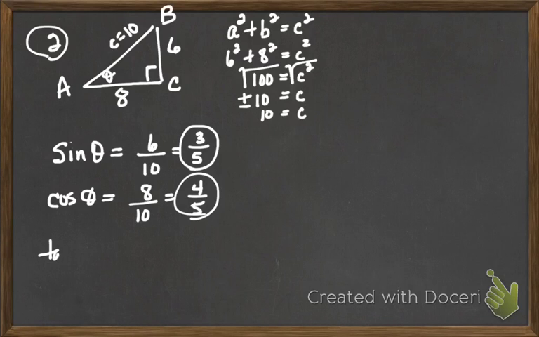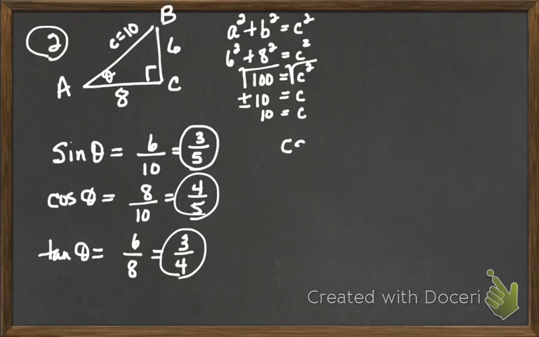Then they want tangent of theta. Tangent of theta is opposite over adjacent, so that would be 6 over 8, which reduces by 2 to 3/4. So again, I find my 3 major trig functions, and then I find the other 3 by just doing the reciprocal. So cosecant of theta would be 5/3.